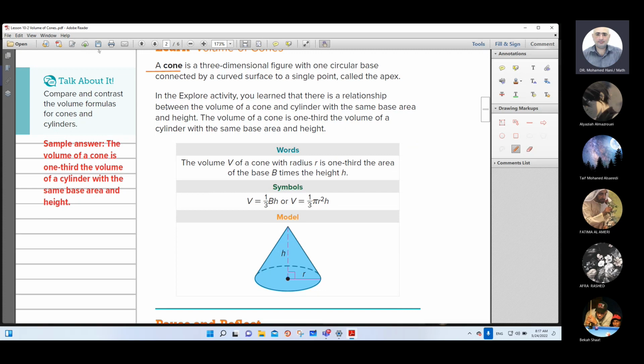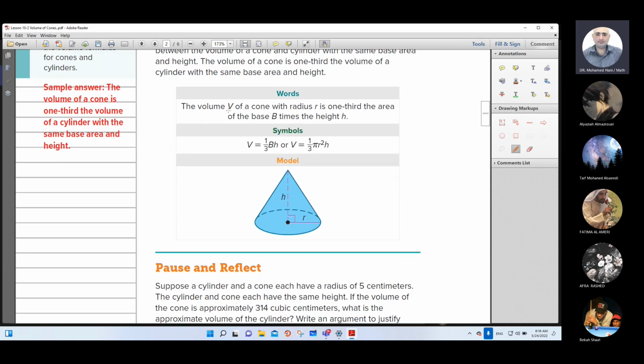So, in the Explore activity, you learned that there is a relationship between the volume of a cone and cylinder with the same base area and height. So the volume of a cone is 1/3 the volume of a cylinder with the same base area and height.